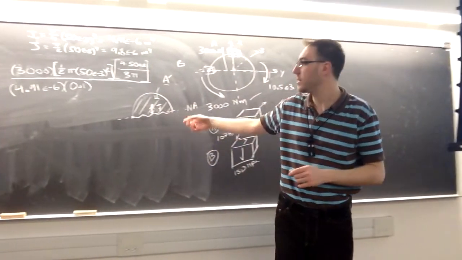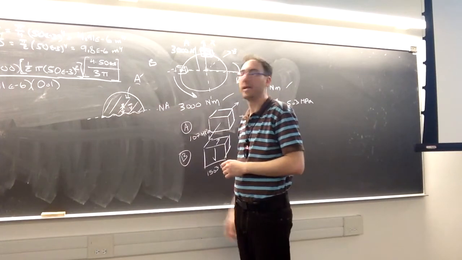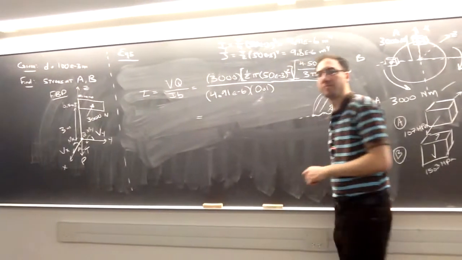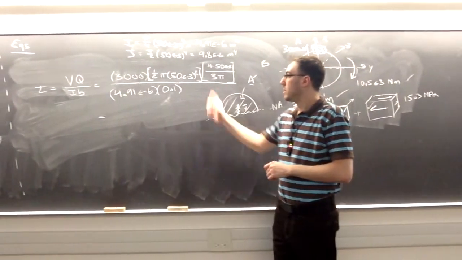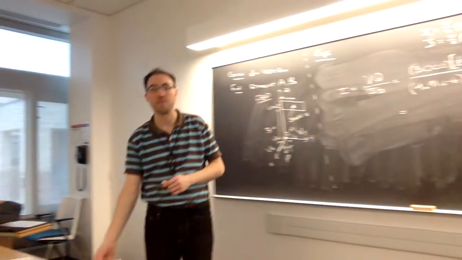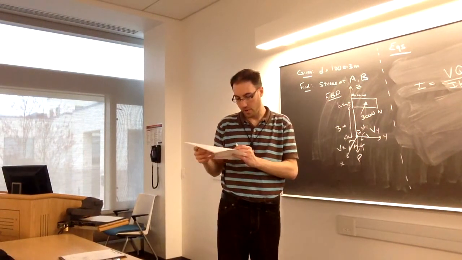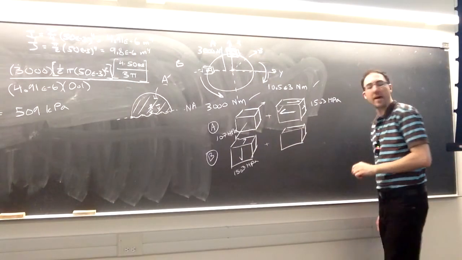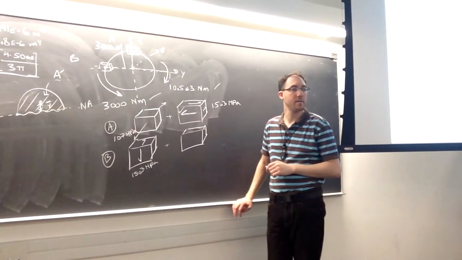So it's area times the distance between its centroid and the neutral axis. So putting this all together, we get that the shear stress caused by that shear force is going to be 509 kilopascals. And this affects B, but it does not affect A.